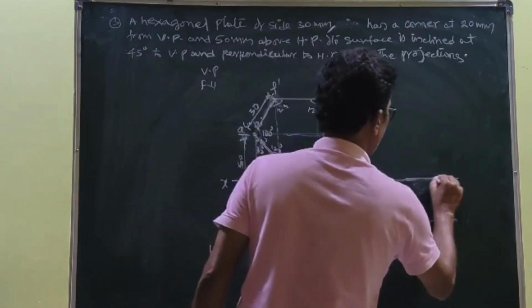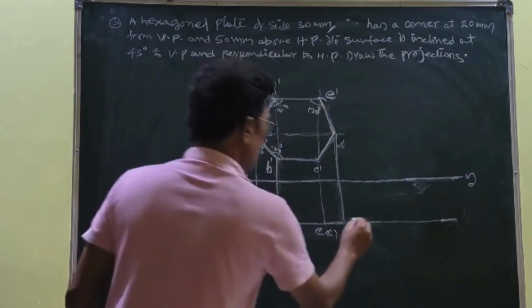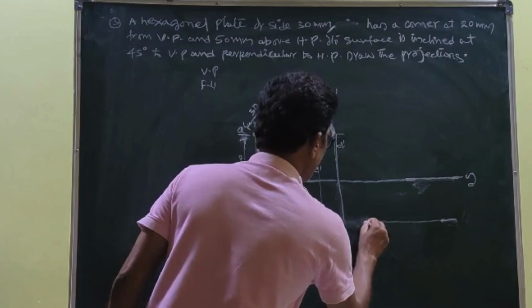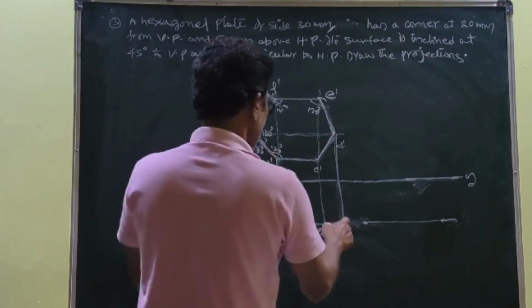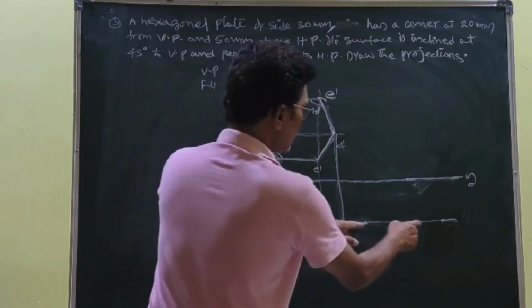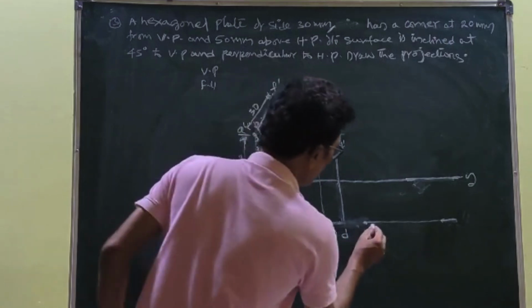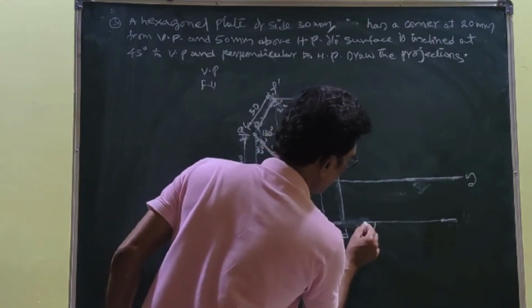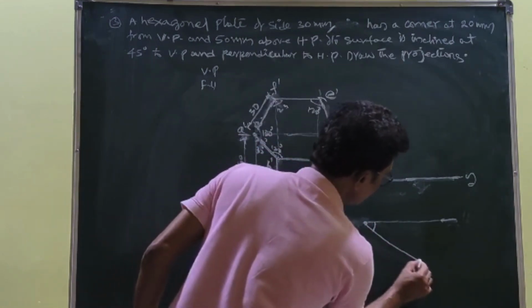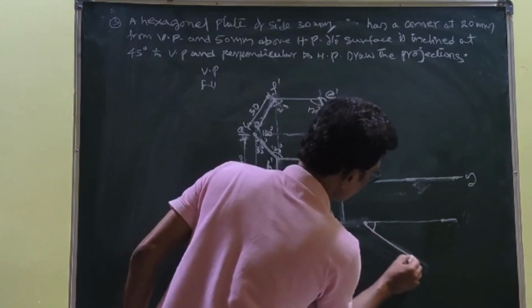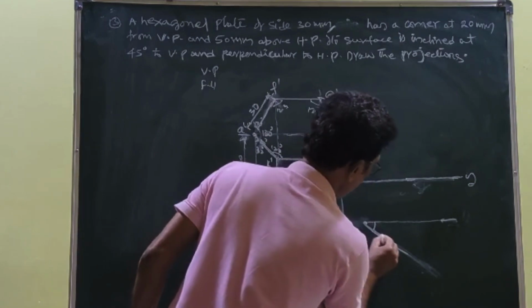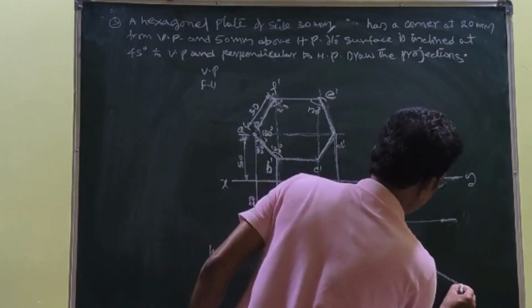Doesn't matter. XY line. So here you set up a point. This top view should be reconstructed here, making 45 degrees. Making 45 degrees, you draw a line.